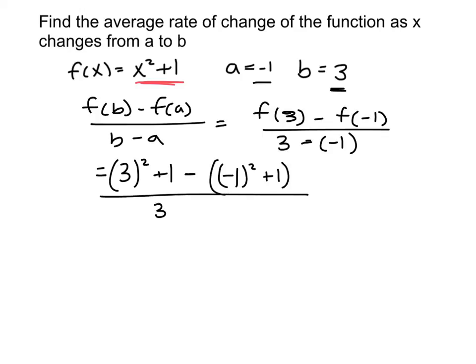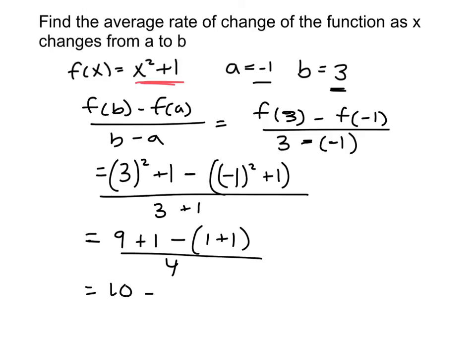These two negatives make a positive. Now let's simplify a little bit. We have 9 plus 1 minus ((-1) squared is 1) plus 1, divided by 4. 9 plus 1 is 10, minus 1 plus 1 is 2, over 4.